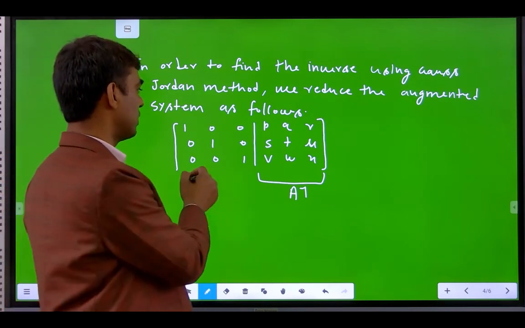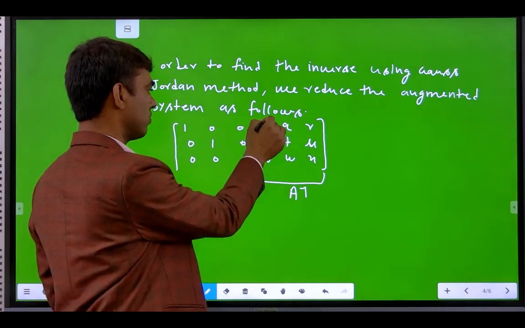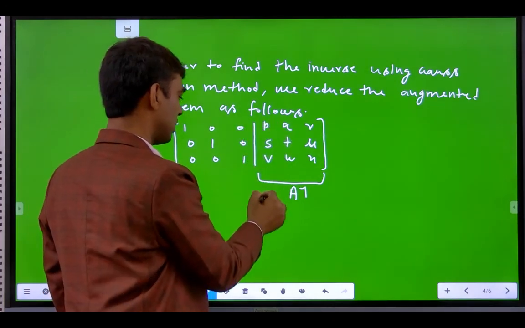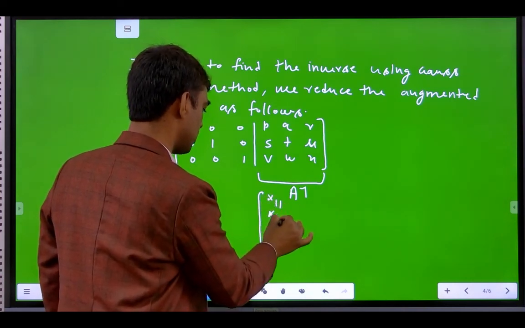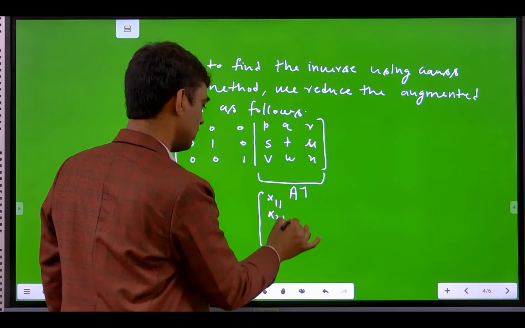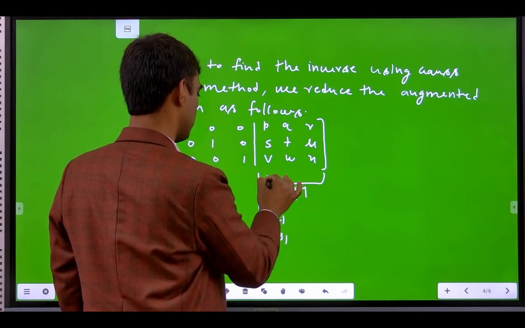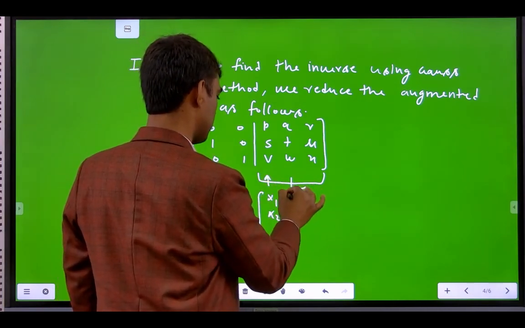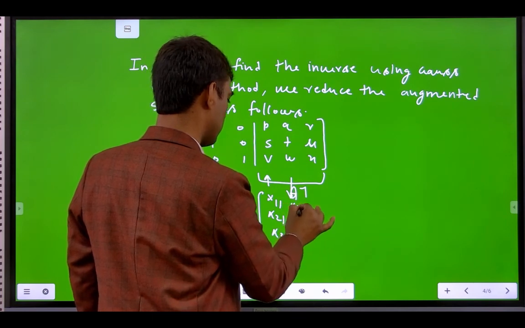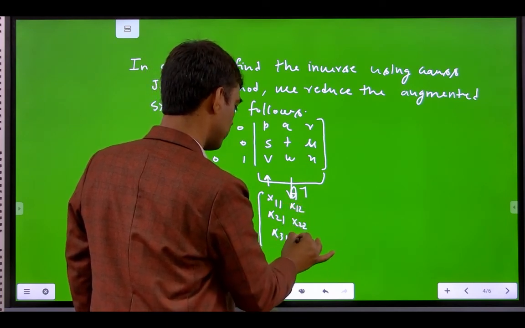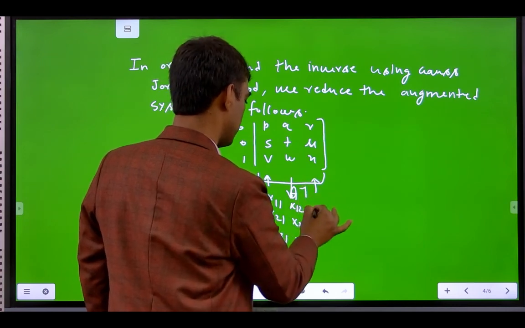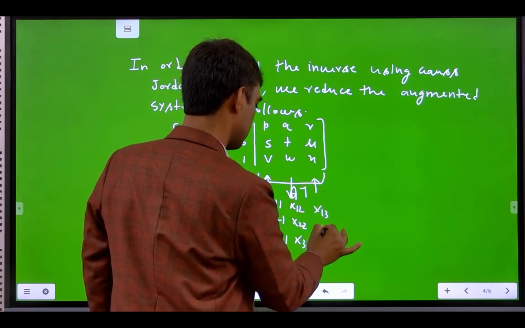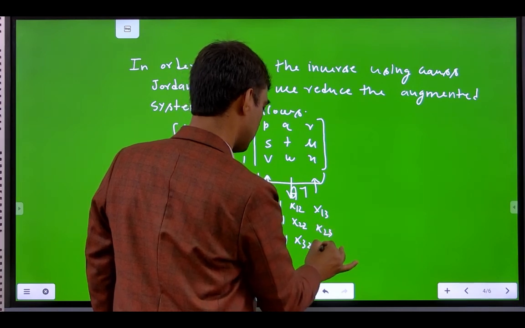Directly we find the solutions: this is the value of x11, x21, x31, this is the value of x12, x22, x32, and this is the value of x13, x23, x33.